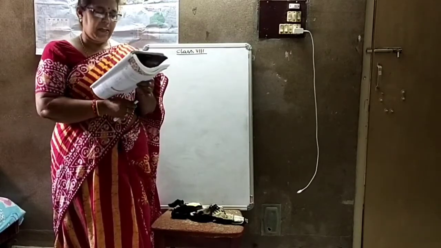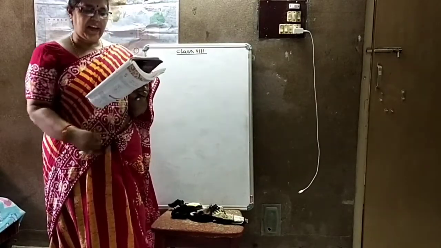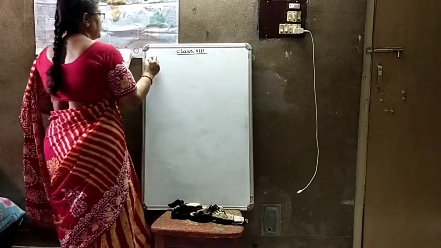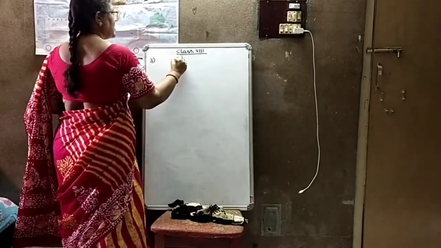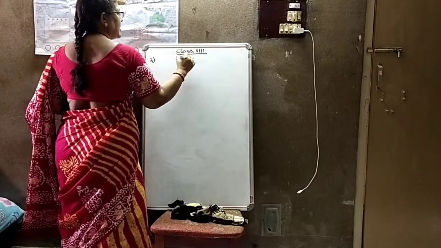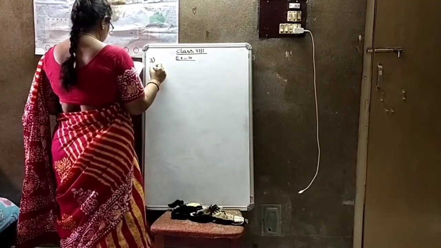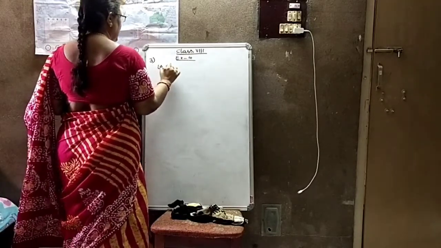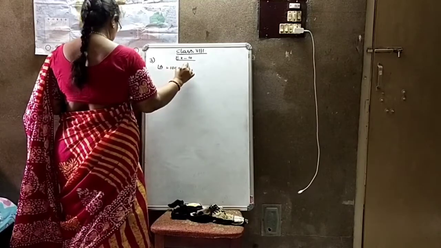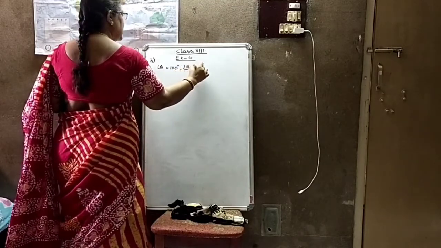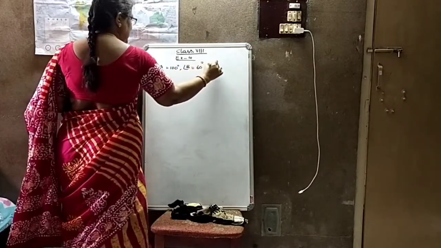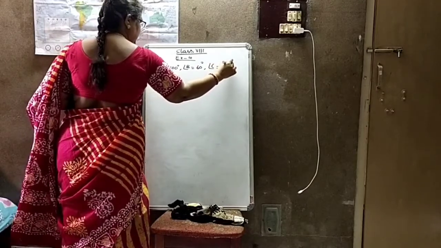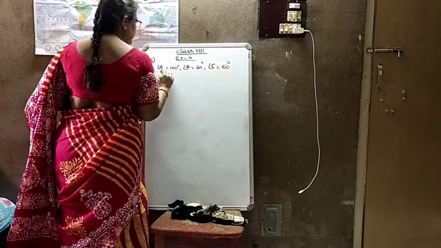Now the third sum. In a quadrilateral ABCD, angle A is equal to 100 degrees, angle B is 60 degrees, angle C is 60 degrees. Now what is angle D?